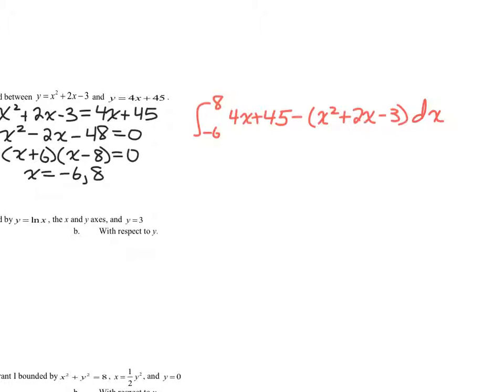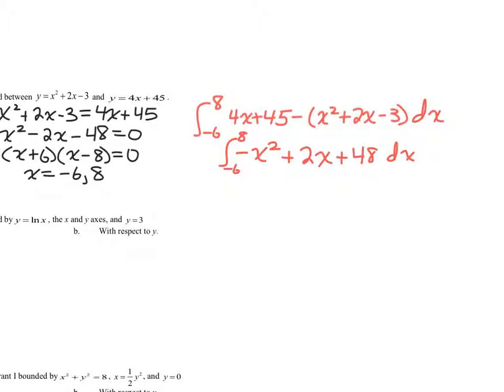All right, so we clean it up. We're looking at -x squared. We're going to have, looks like a plus 2x, and then plus 48 dx on the interval of -6 to 8.